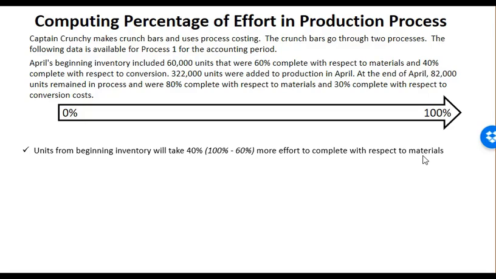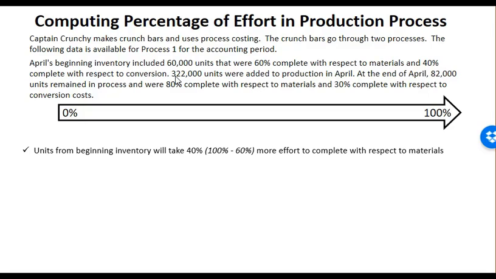With respect to materials, you'll notice here where I talk about the units that are completed, I mention that these 60,000 units, as an example, are 60% complete with respect to materials and 40% complete with respect to conversion.